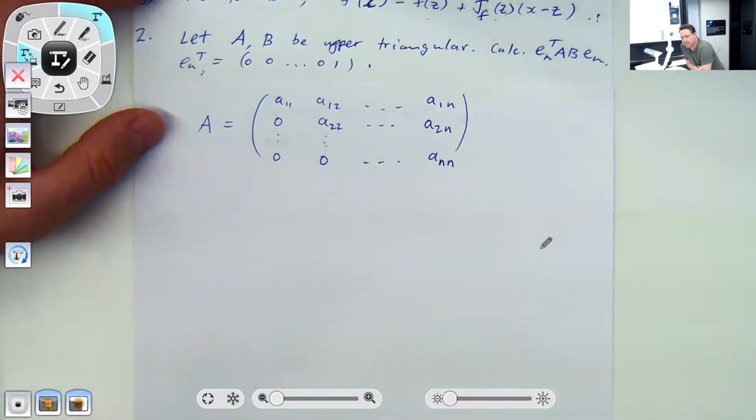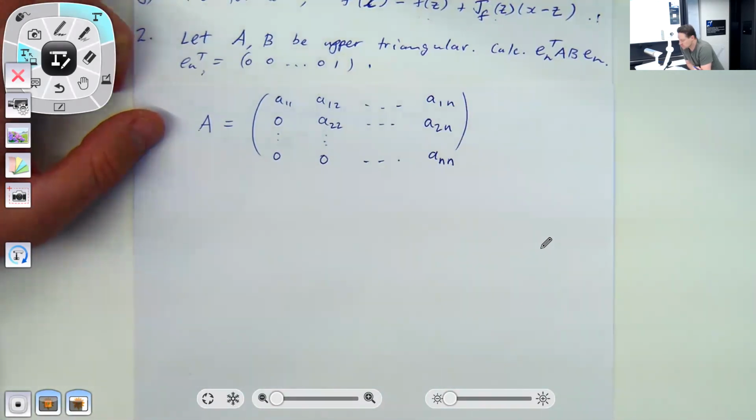Now, I want a nice pattern for the product AB. To help me see that pattern, I will deal with two 3x3 matrices because that will be sufficient to show the pattern.